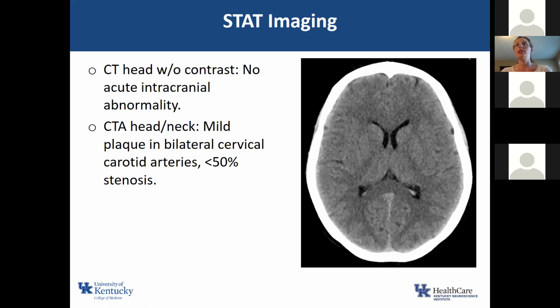It would also make us question their last known well if we're already starting to see a hypodensity, because it can take up to 4.5 hours, even depending on the size of the stroke, maybe up to 24 hours, to start to see a stroke on a CAT scan. And then thankfully he gets a CTA of his head and neck, which showed just a little bit of plaque in his cervical carotid arteries, less than 50% stenosis, nothing high grade, no large vessel occlusion.